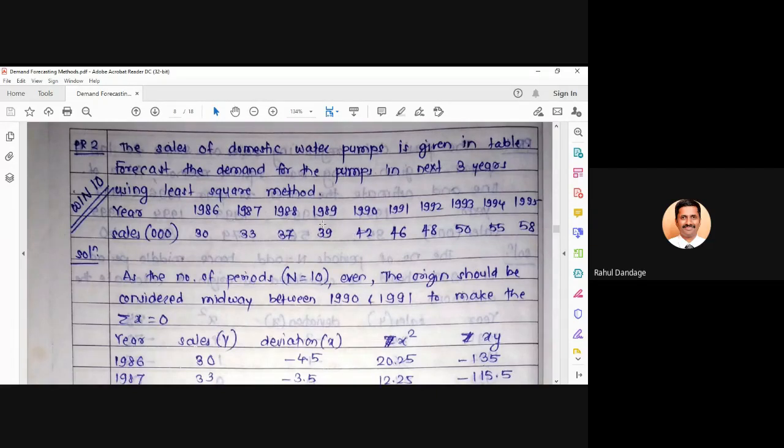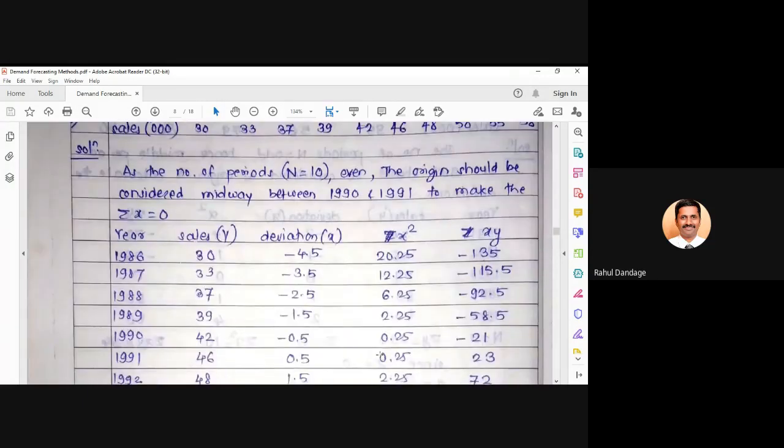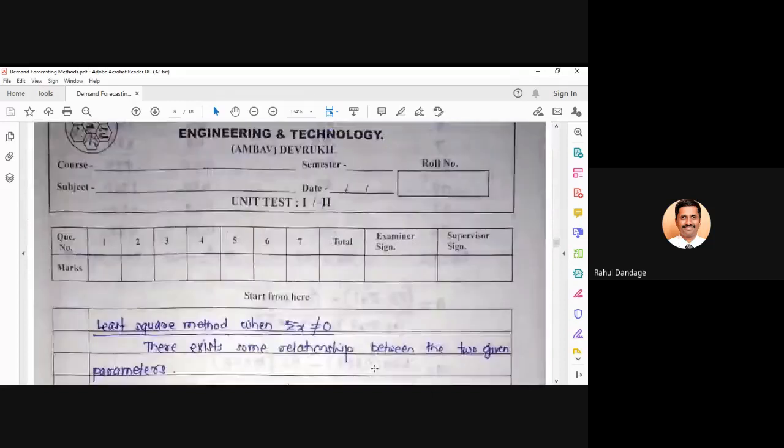As far as this problem is concerned, the sales are increasing as the years are increasing, but there is no direct relationship between the year and the sales. It is not like that if the year is 1987, then the value will be 33, because it depends upon the 1987 year.